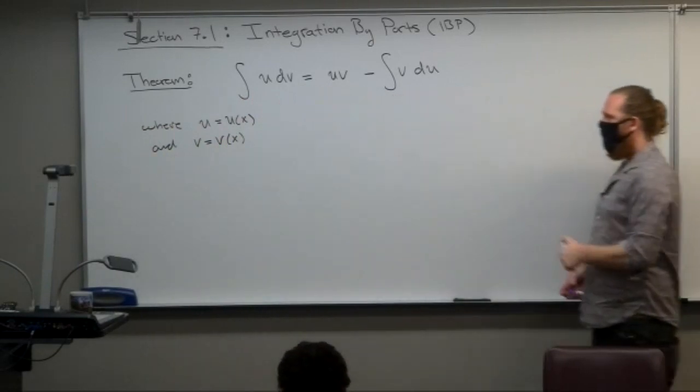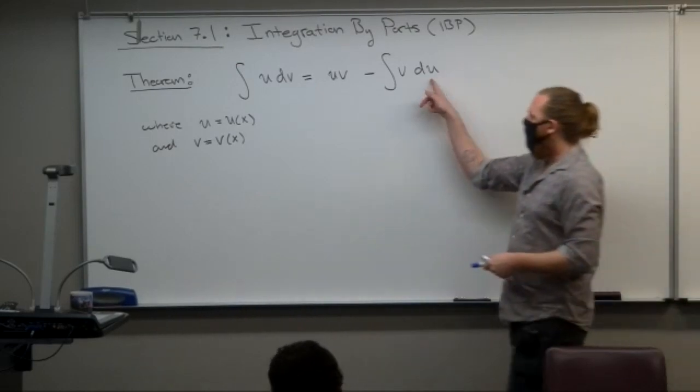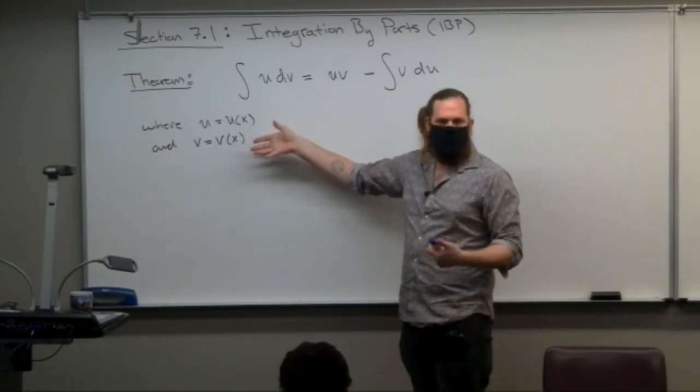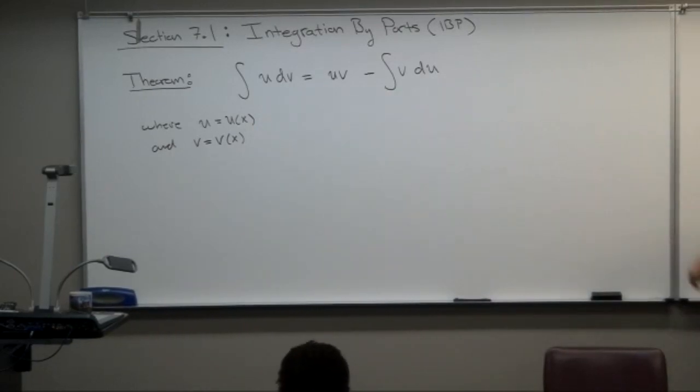All right, think of them as functions of x, which means that du and dv are differentials, right? Like u prime of x dx, that would be du. v prime of x dx, that would be dv.